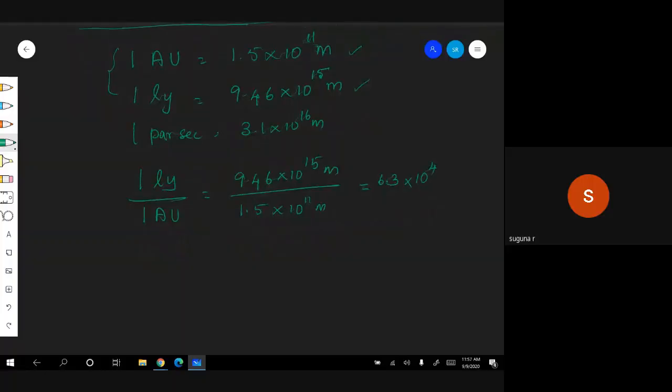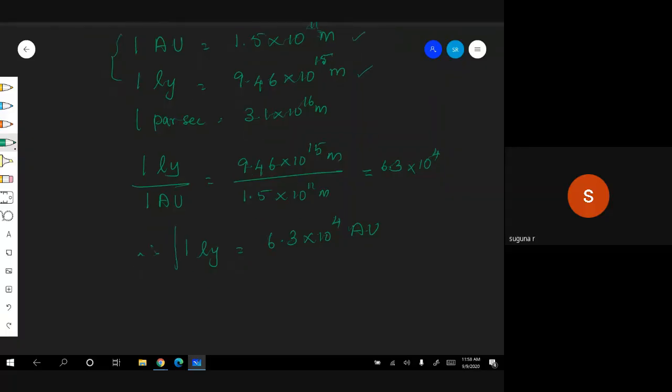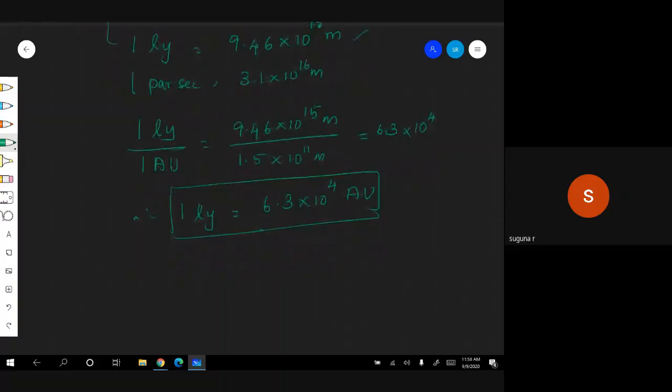Therefore, 1 light year is equal to 6.3 into 10 power 4 astronomical unit. This is the relation between light year and astronomical unit. If they ask you to relate any two units, this is the method. Okay?